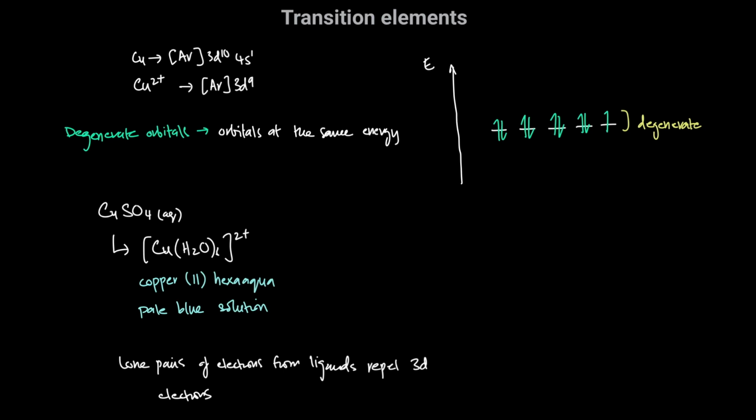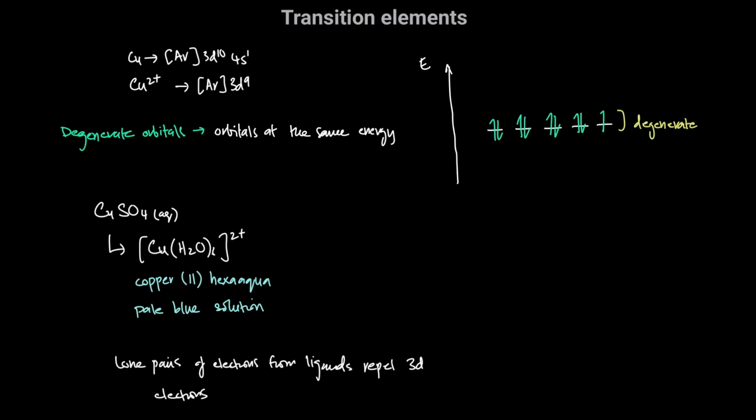And in an octahedral complex, we know that the ligands bond along the axes. So because the ligands bond along the axes, the orbitals along the axes are repelled more than the orbitals between the axes.